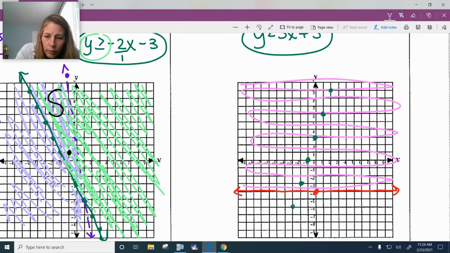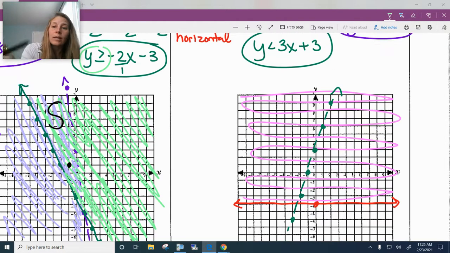Now this one, if you remember the inequality sign, it did not have the equal to underneath, so I do have to do a dashed or dotted boundary line for that one. And then when I go to do my shading, since it's a y is less than, I'm going to find the y-intercept, which is at the 3, and I'm going to go down that y-axis, so it's all over here.